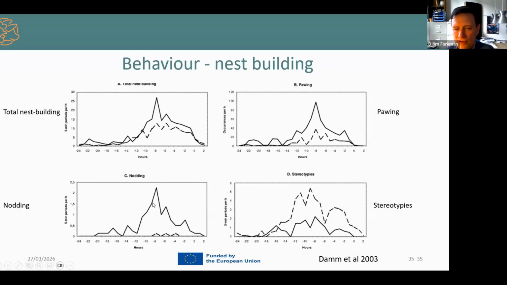Nodding is much higher for the sows with access to nest building material, whereas stereotypies is quite frequent amongst sows that have no nest building material. So access to nest building material is actually quite an important input for an animal welfare assessment, even though it is difficult to check.